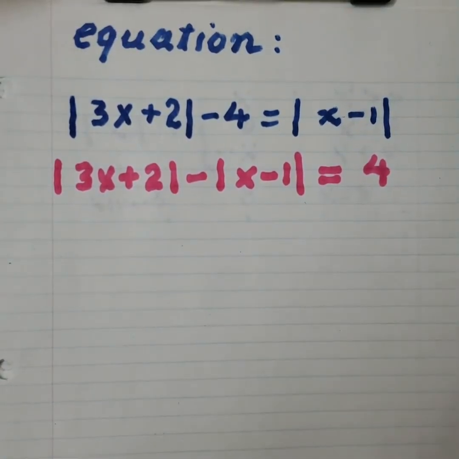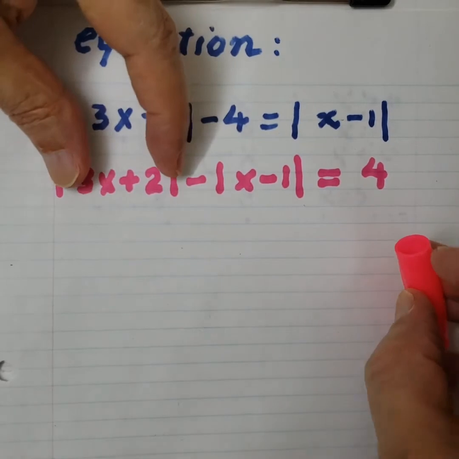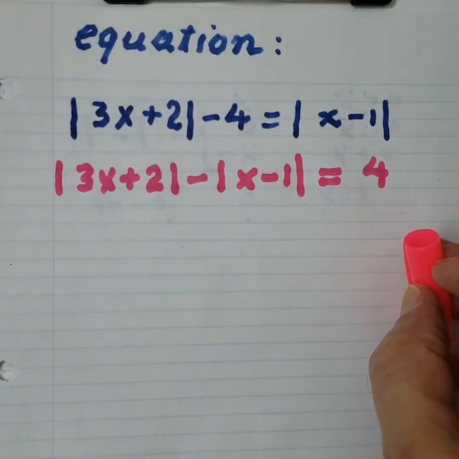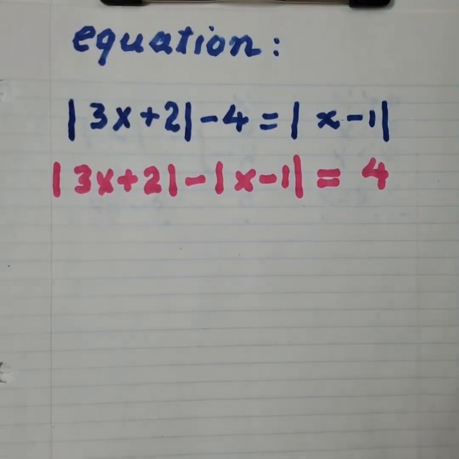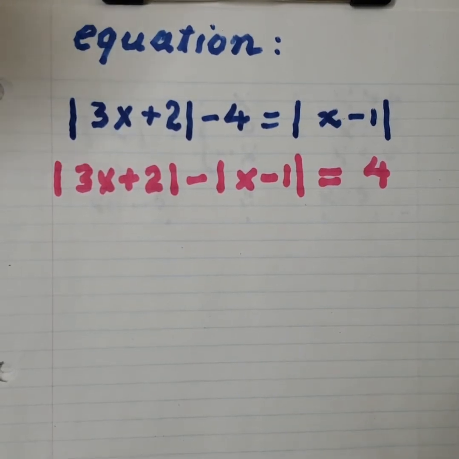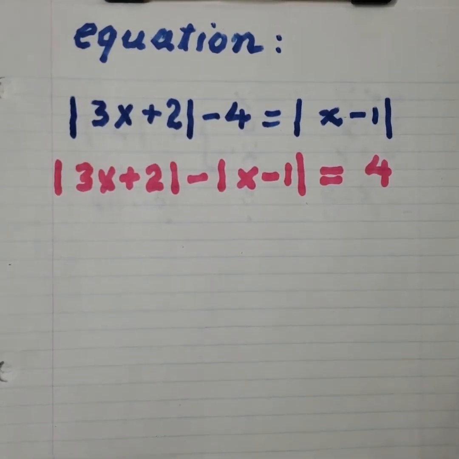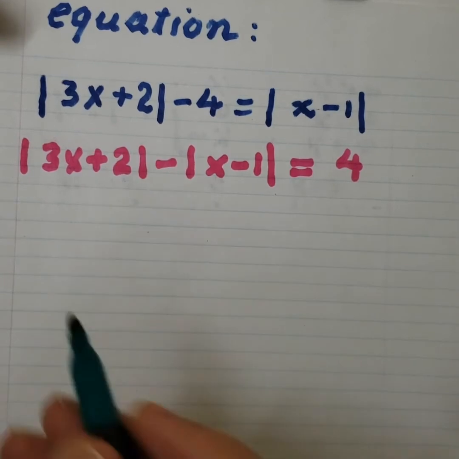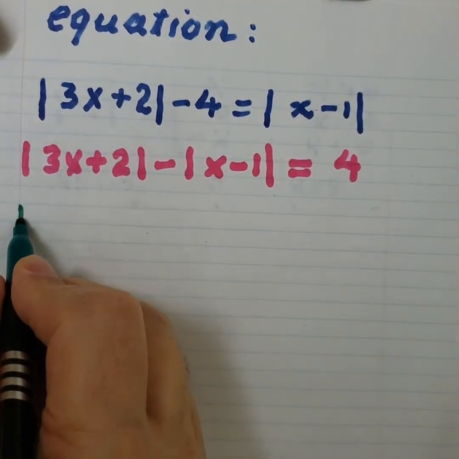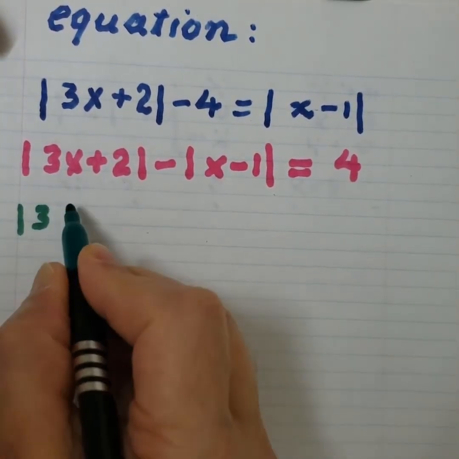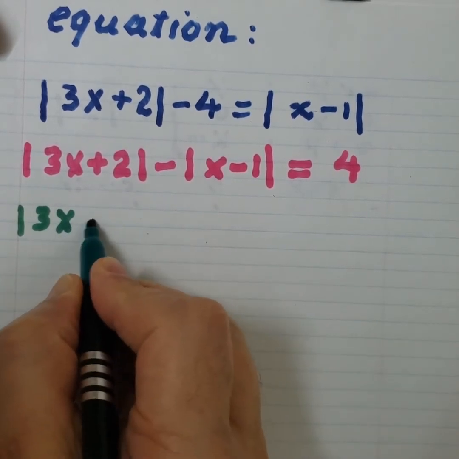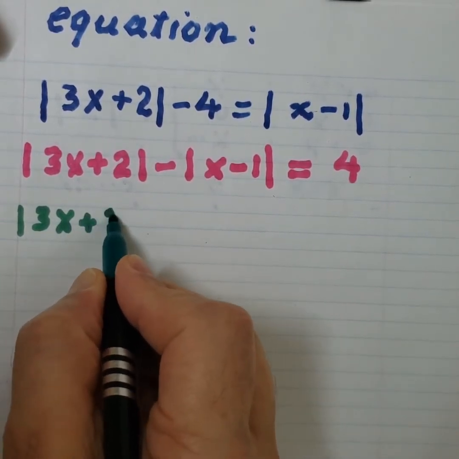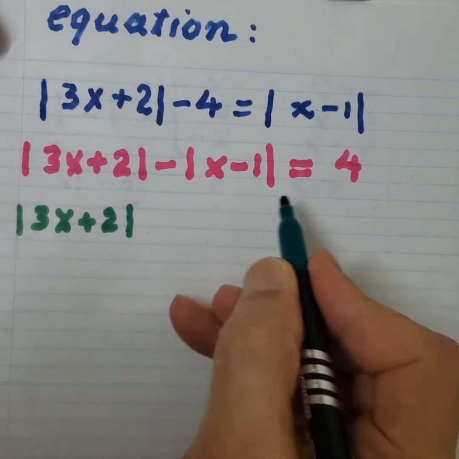Now I will start to define each absolute value, as I did with the absolute value of x. I'll start with absolute value of 3x plus 2. After finishing that, we'll go to the other absolute value.